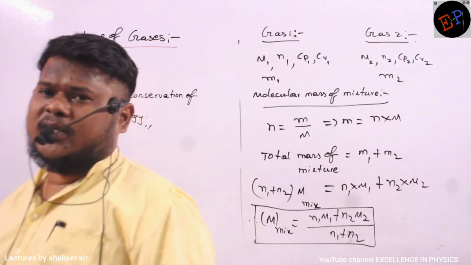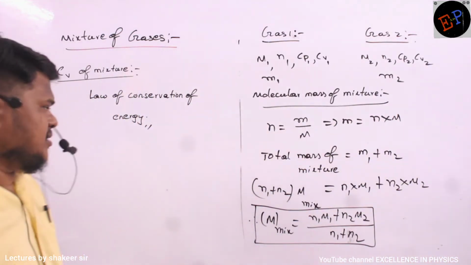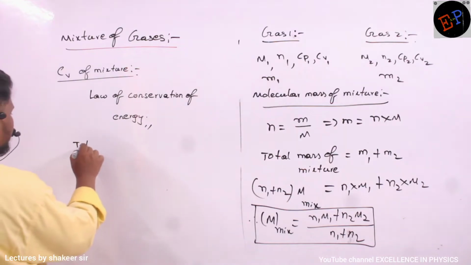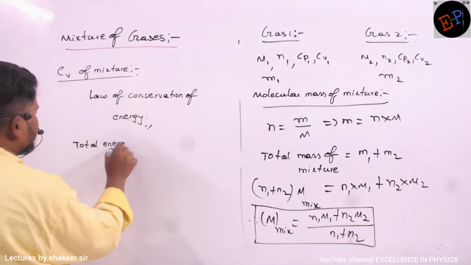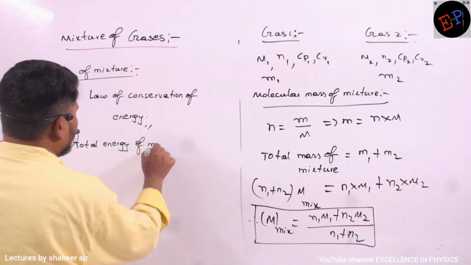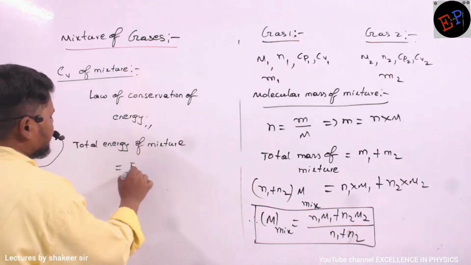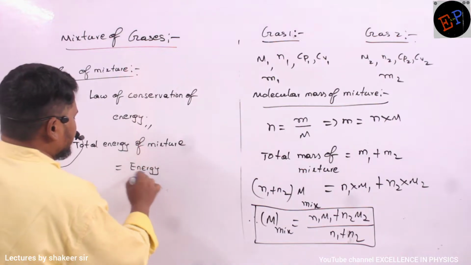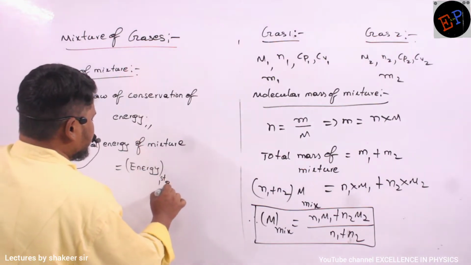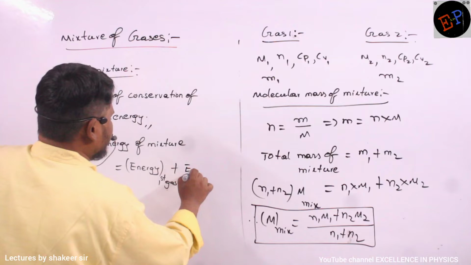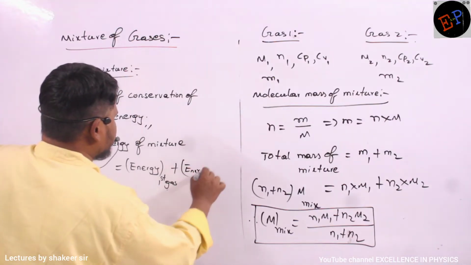Total energy of the system always remains constant. So therefore I will write: total energy of mixture is equal to energy of first gas plus energy of second gas.